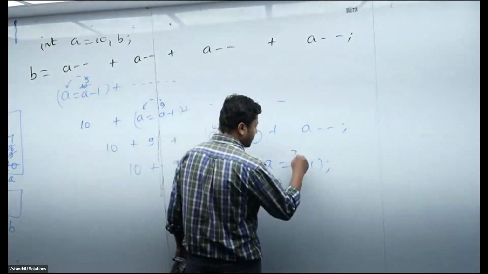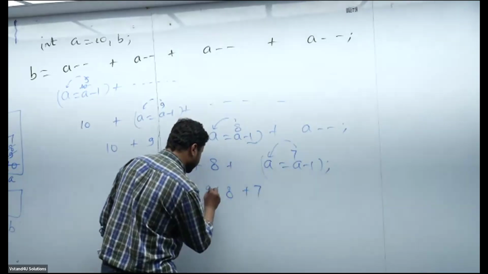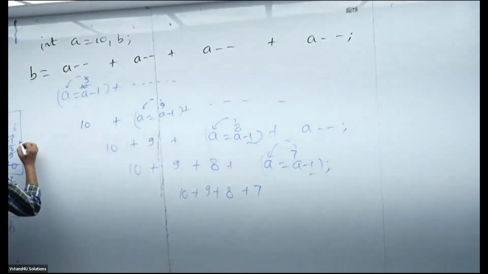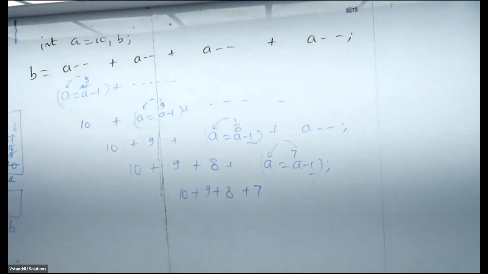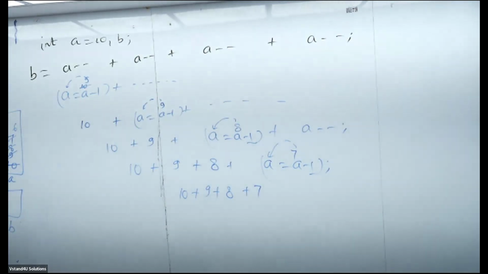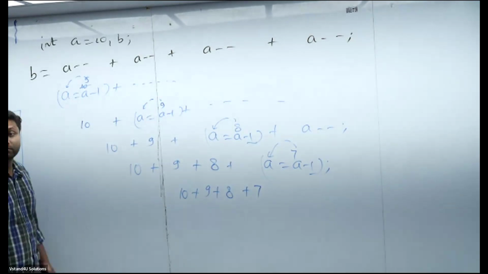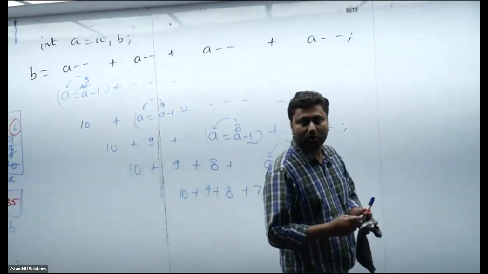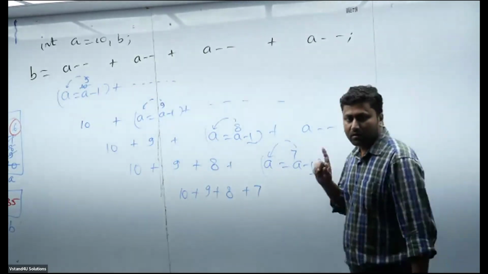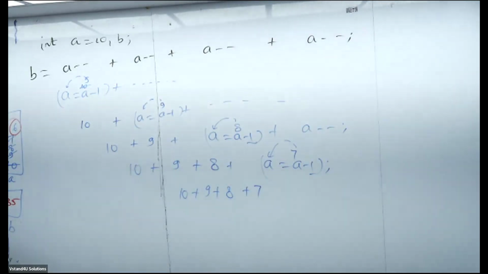A is 7, assign the current value, that is 7. But don't forget the decrementation, hence it becomes 6. 30. Pakka. Matching. Sure. 6 and 35. Pakka. Sure. Are you all confident? Sure. Each one of you.